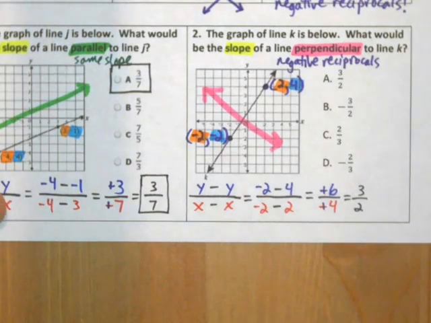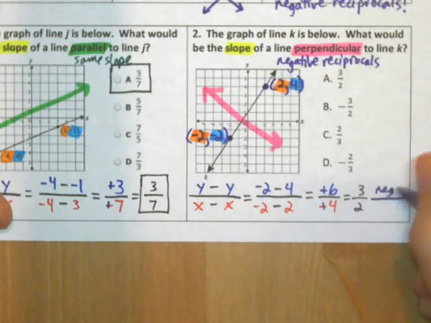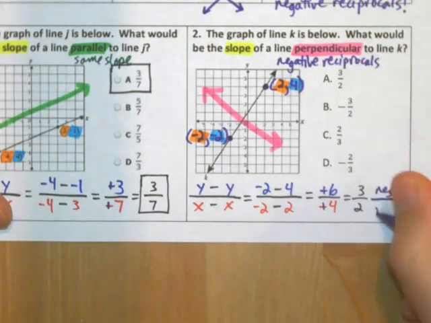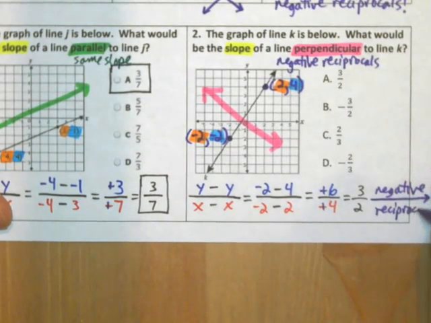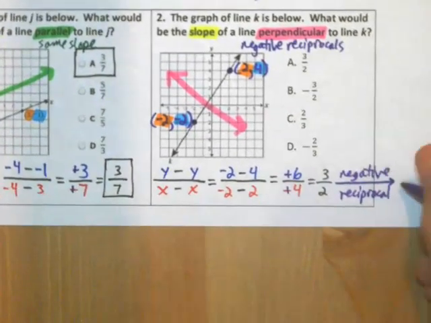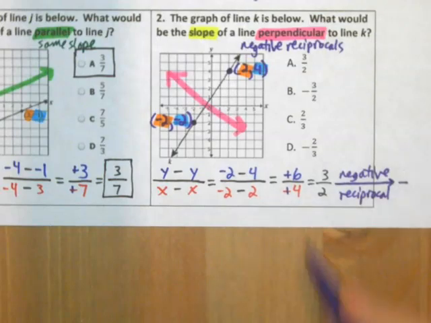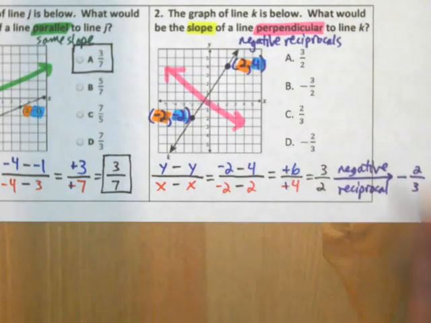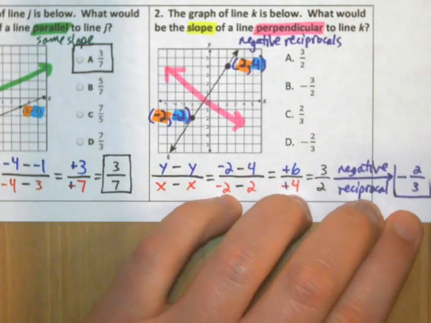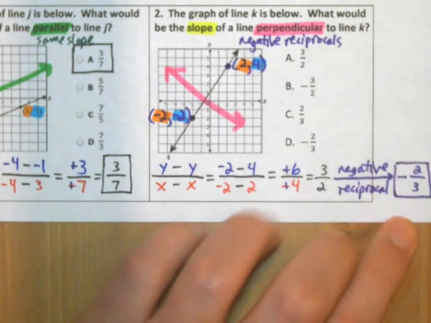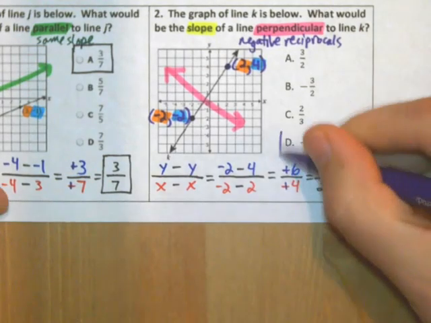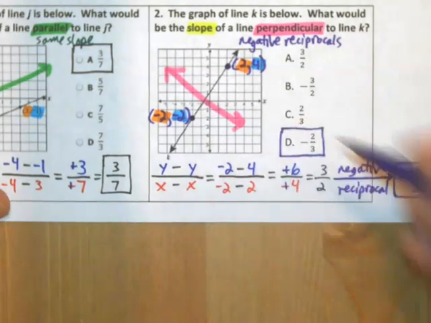So to take the negative reciprocal, we're going to turn this negative, and we are going to flip these values. So 2 is in the numerator and 3 is in the denominator. So altogether, that makes the negative reciprocal -2/3. And then I'm going to go select answer choice D.